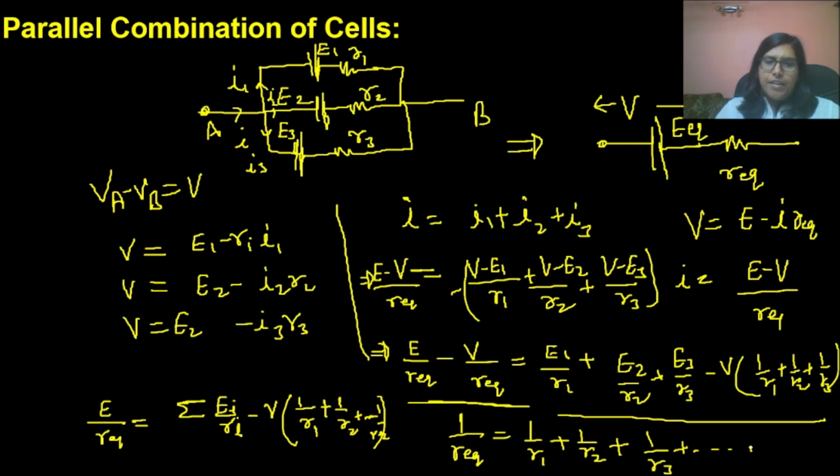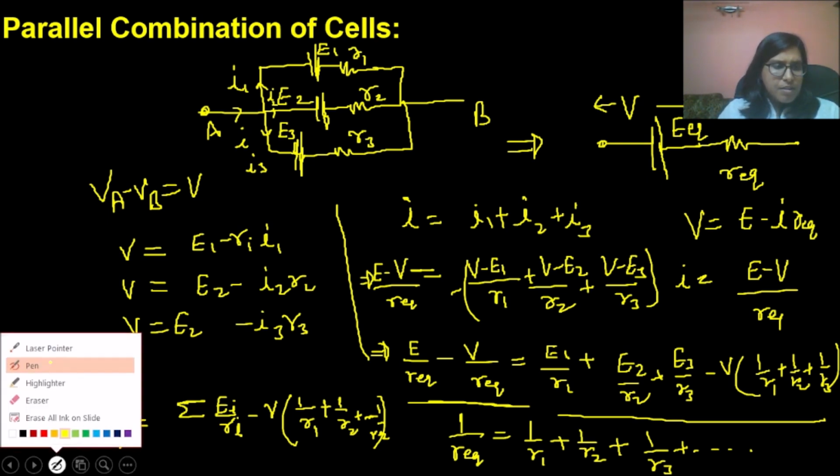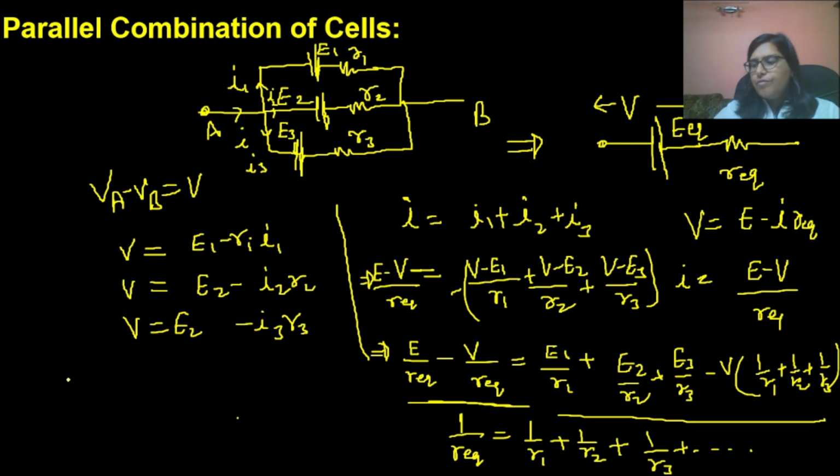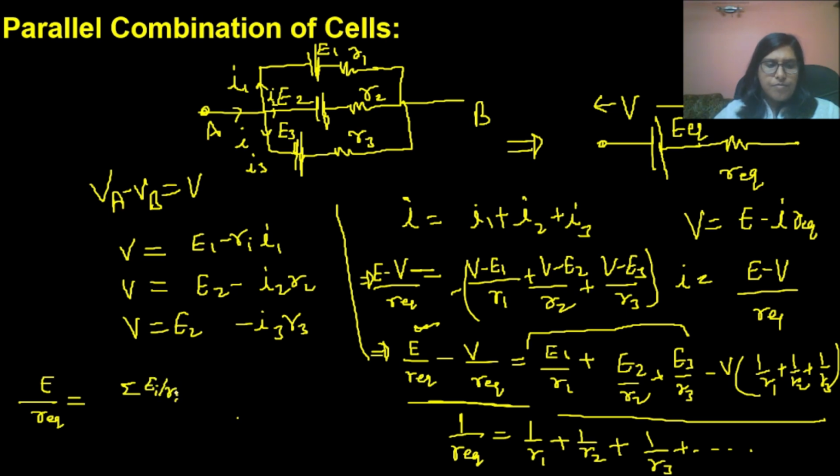Now E upon R equivalent. Now if I remove this part and compare this one with this equation, then this will become E equivalent upon R equivalent equals sigma E upon R, right?